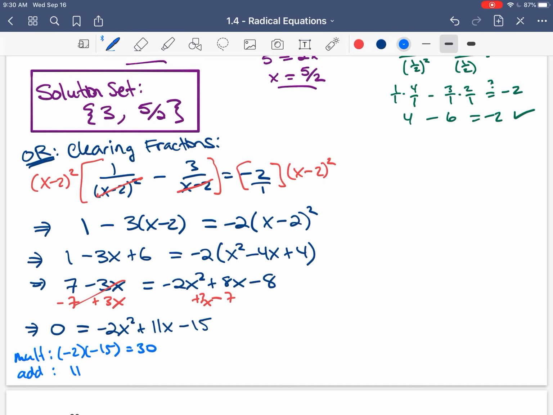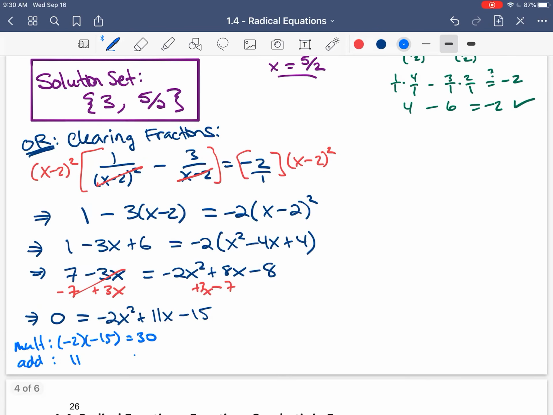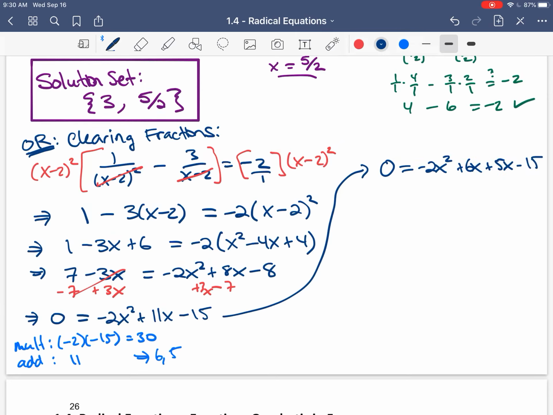Okay, so that's going to be 6 and 5, right? Multiply to 30 and add to 11. So now let's take this up here. So I can factor. So I have negative 2x squared, let's do plus 6x plus 5x minus 15.